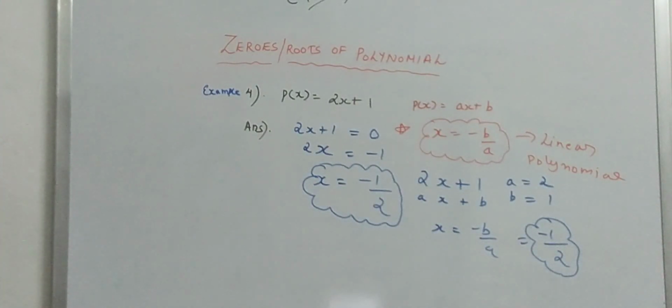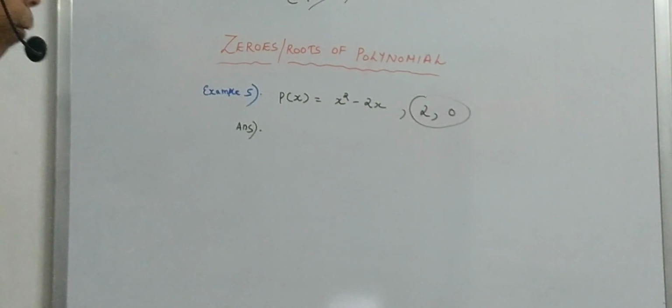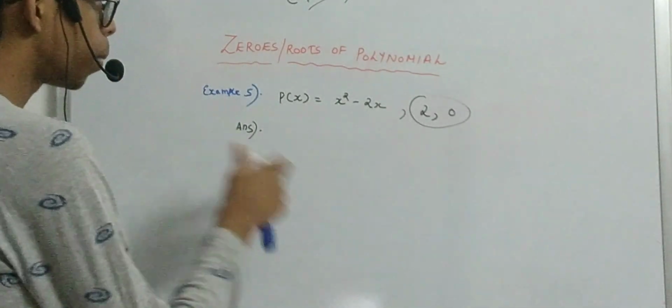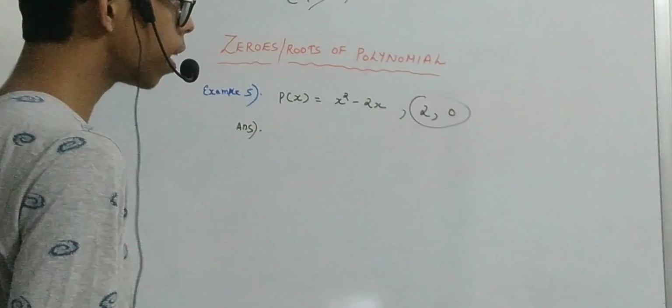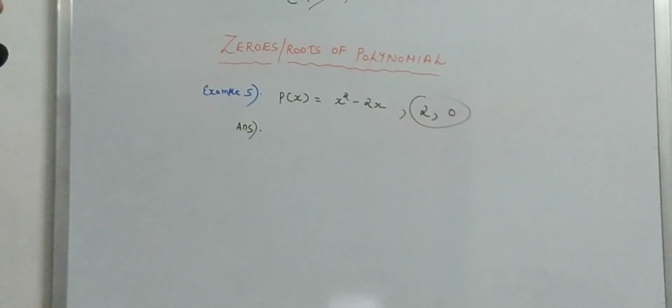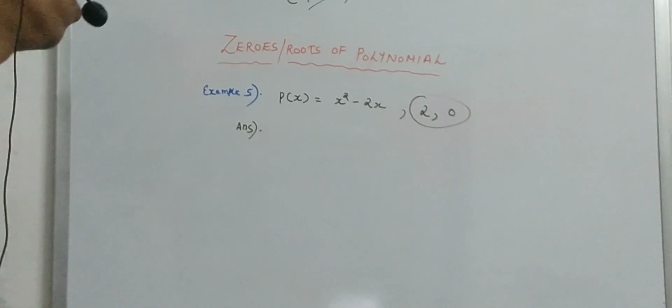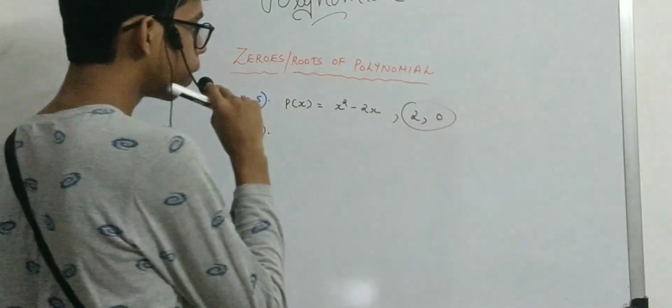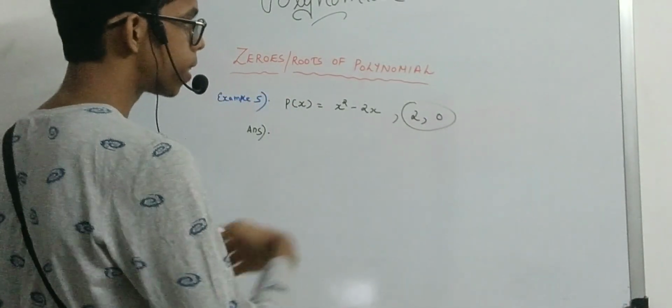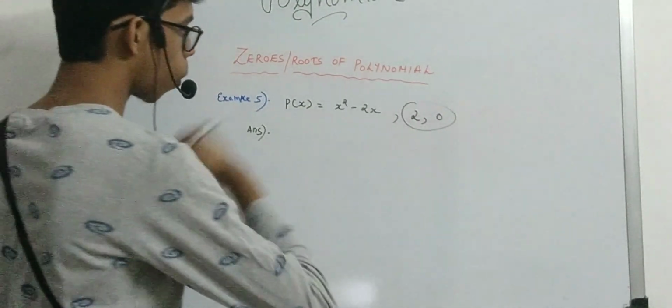Now let's move on to example number 5. The question is p of x is equal to x square minus 2x. We have to check whether 2 and 0 are the zeros of the polynomial. So what should we do over here? First of all, let us see whether 2 is the 0 of the polynomial.